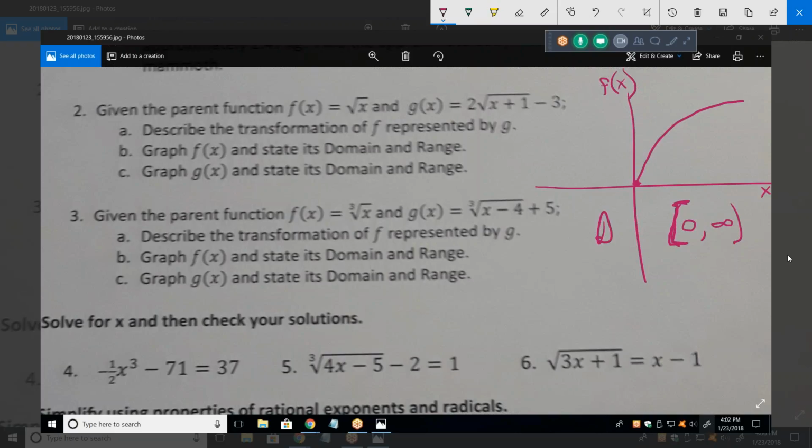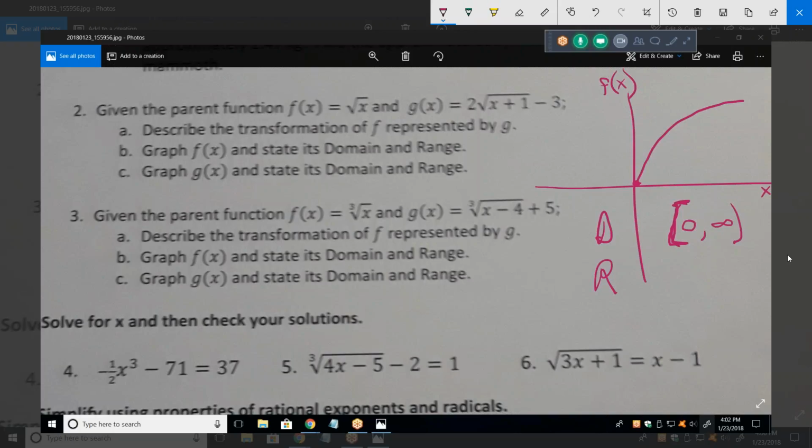Okay. What's the range? Again, you can look at the graph. Now look vertically. What are the allowable values for f of x? Zero to infinity? Look at the graph.